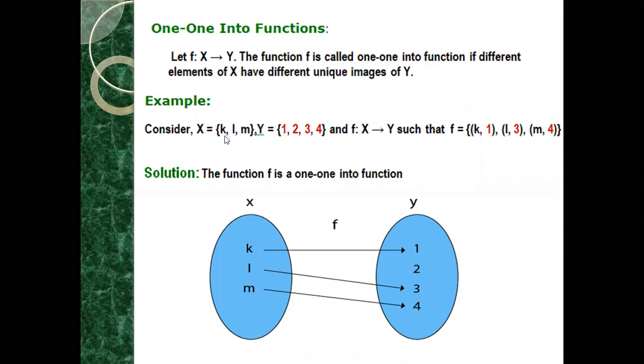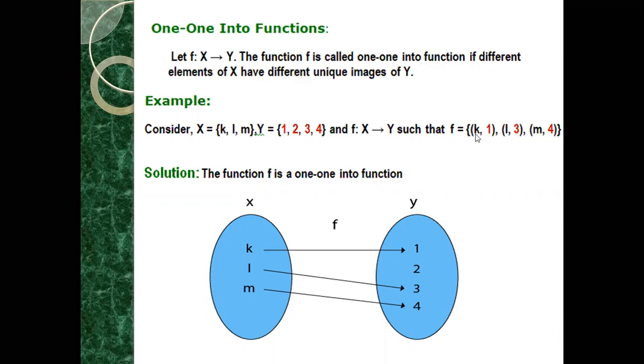The set X has elements k, l, m, Y has elements 1, 2, 3, 4, and we define a mapping f from X to Y such that k goes to 1, l goes to 3, m goes to 4.